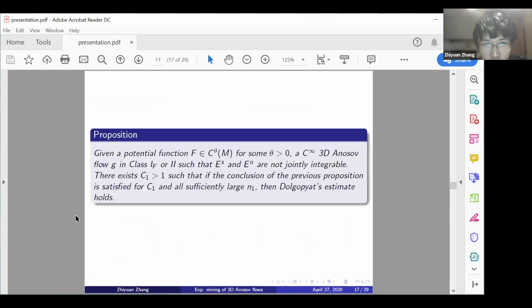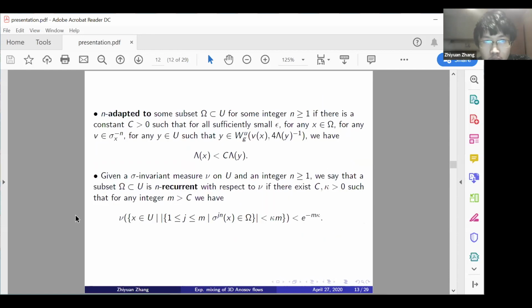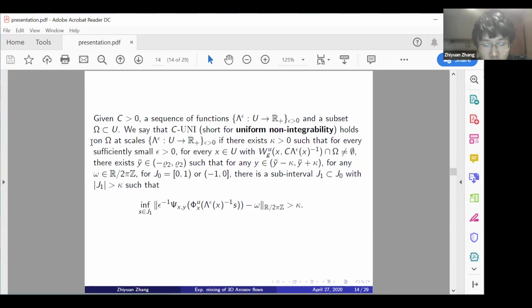I just said 2 properties, we need several others. One thing is that we need to find a set U so that the recurrence is fast. For instance, you choose this to be the whole U, or some subset where you can prove recurrence.